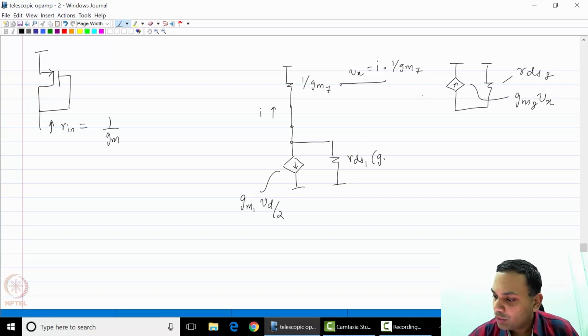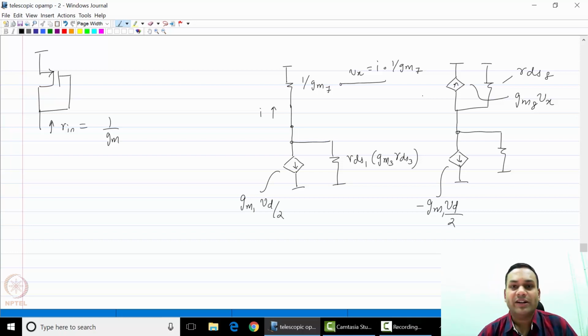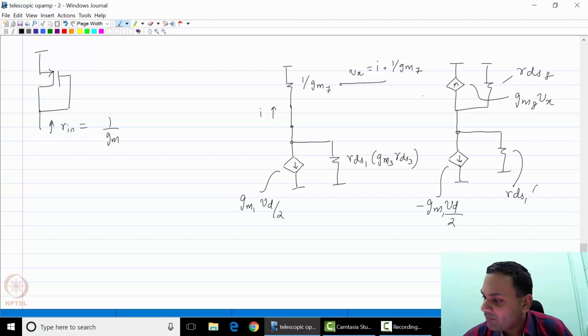Similarly, on this side, the circuit becomes this. This is minus gm1 Vd by 2, and this resistance is again the same, which is RDS1 times gm3 RDS3.